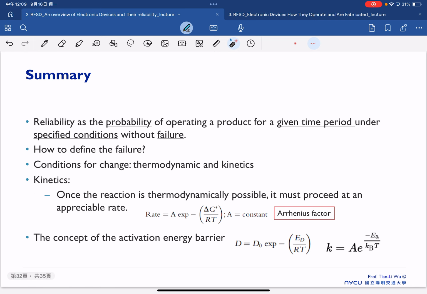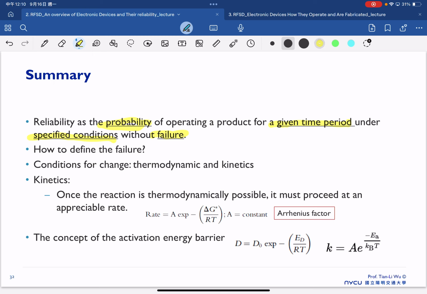Okay, so this is the last part. Overall, reliability is a probability. It's always a probability related to time, under specific conditions, without failure. So we should know the probability, we should consider the time factor, we should clearly define the specific conditions, and we should also clearly define the failure. We also talked about thermodynamics and kinetics.